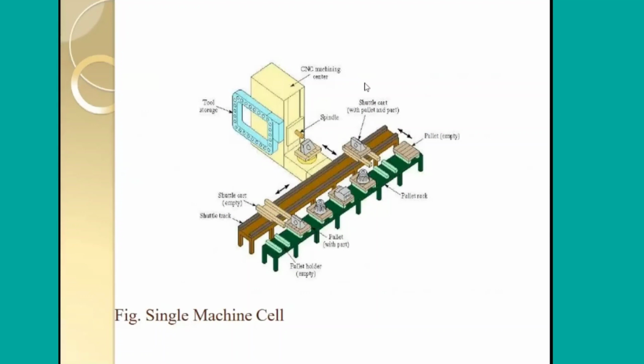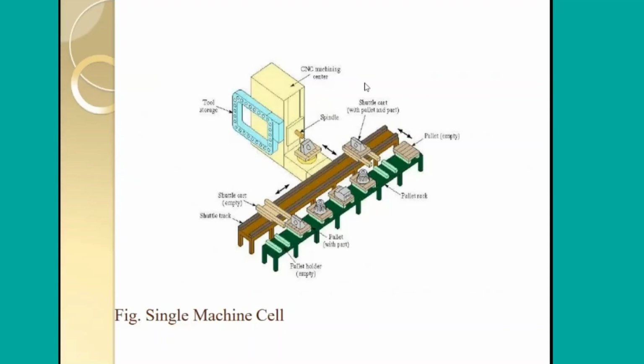The first one is the single machine cell. Here, the picture will clearly show you the single machine cell. A single machining center is used, and the work is placed over pallets, with a shuttle cart and a shuttle track available.